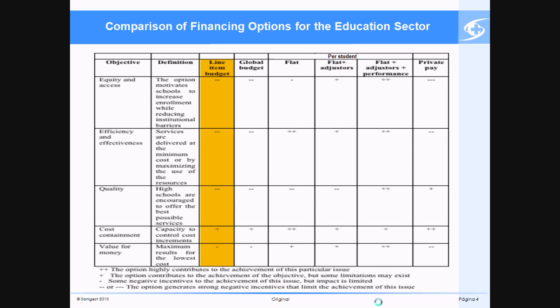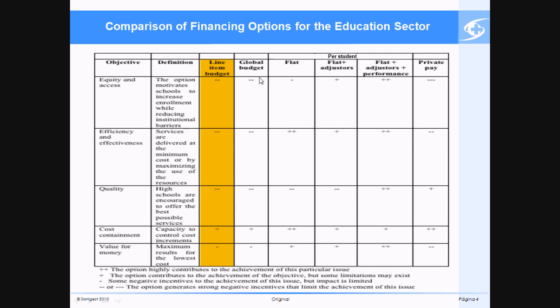You see the objectives, and we measure each method of financing against that objective. You will note, for example, that line item budgeting does very little for encouraging equity and access, or efficiency and effectiveness, or promoting quality, or enhancing value for money. The same is true for the global budget.